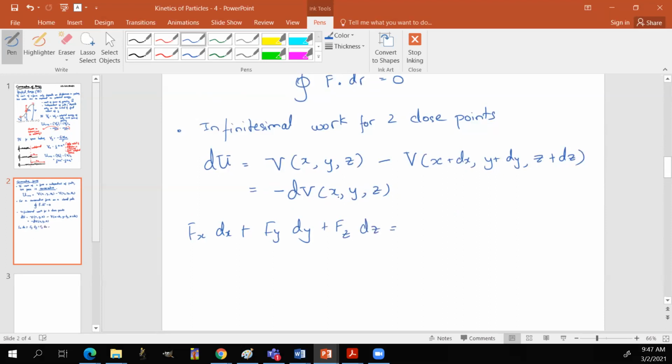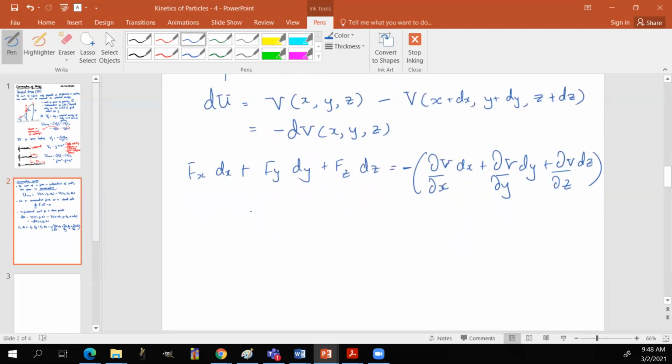And if we look at this exact differential here, you can write it in terms of the partial differentials, right? We know this from calculus. So you have dou V over dou x times dx plus dou V over dou y times dy plus dou V over dou z times dz, like that, right? And if you take a look at these two expressions, you have dx, dy, dz, you can compare these terms, right?